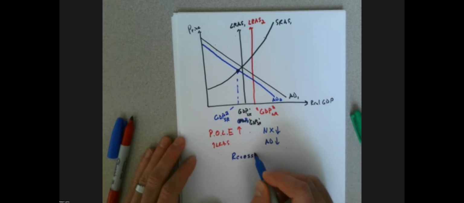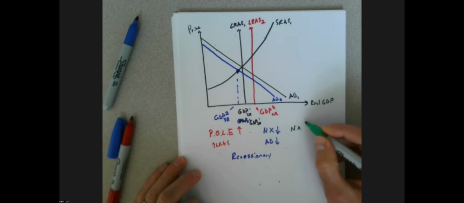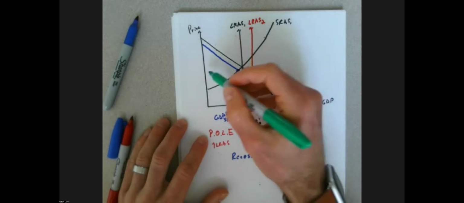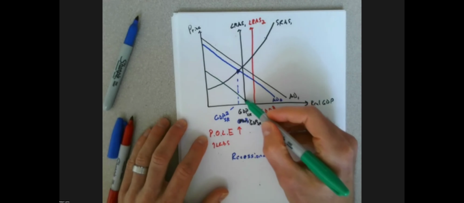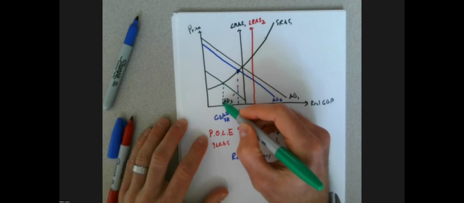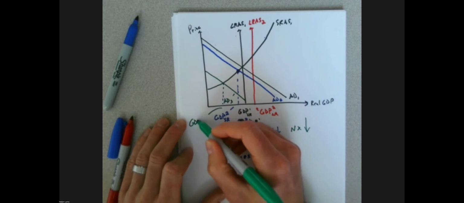The reason why is that regardless of the size of that shift, let's think about another scenario. Let's say net exports went down by a lot more than that change the factor of pull caused. Now maybe my new aggregate demand is down here, in which case my short run GDP is even lower.